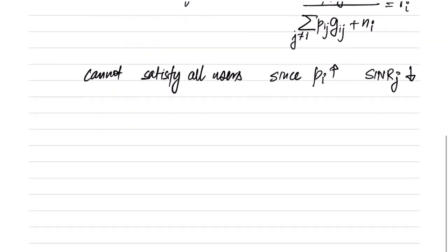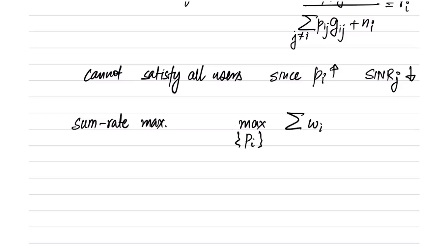So in this context, a problem that is often solved is called the sum rate maximization, and it is written as maximize over Pi the positive weighted sum of all the rates, where the rate achieved is given by log of 1 plus gamma i. Rate is measured in bits per second.